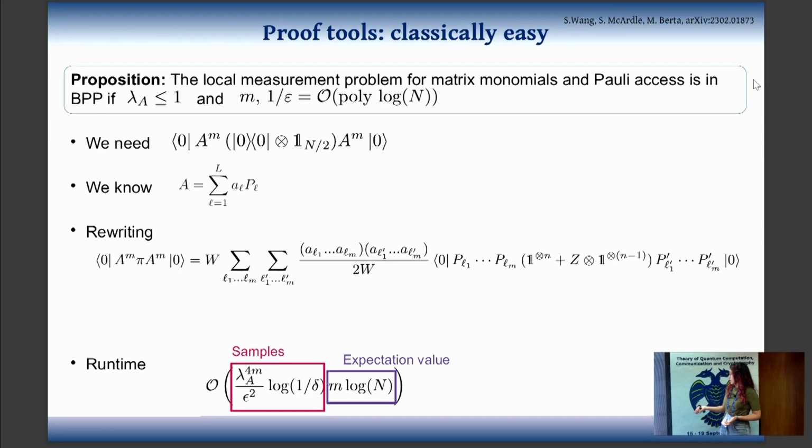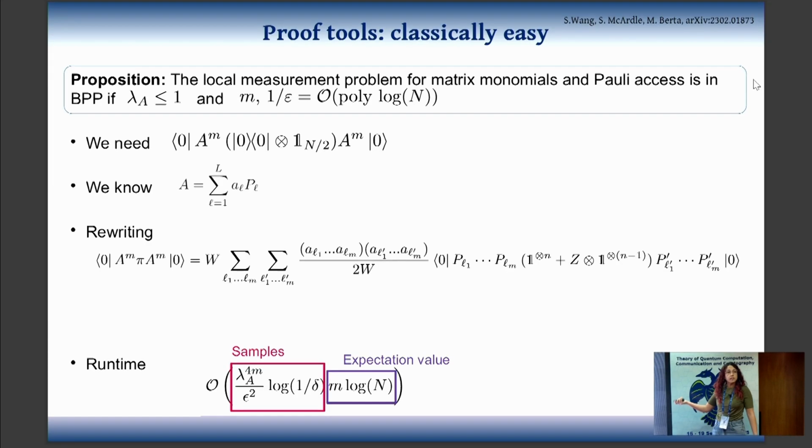We know that as we have order m Paulis being multiplied, the runtime to compute each term will be m log n. But then the number of terms might be too big for you to calculate each of them, but you can simply sample from this sum by using as a weight the coefficients for each term.